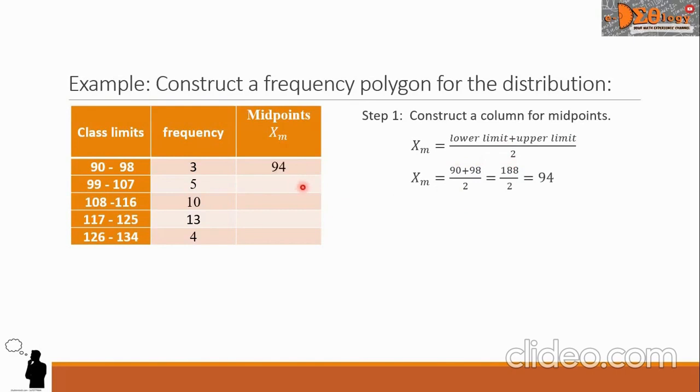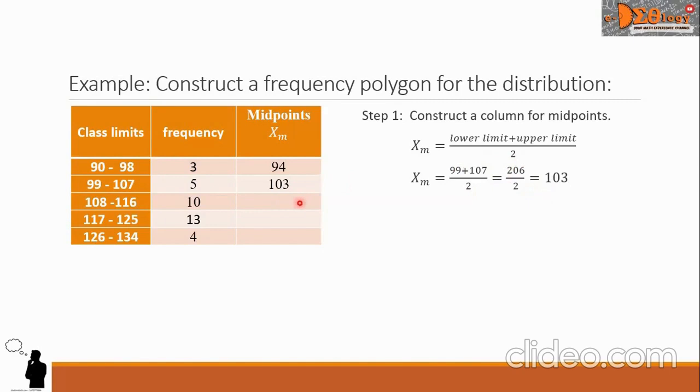And this value we will write here. For the second blank, the value is 103. That is 99 plus 107 divided by 2 equals, the sum is 206. Divided by 2, we will get this 103.